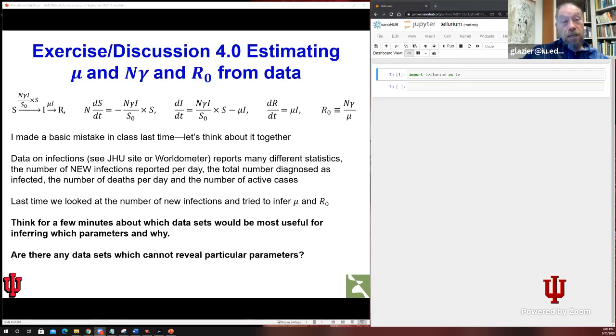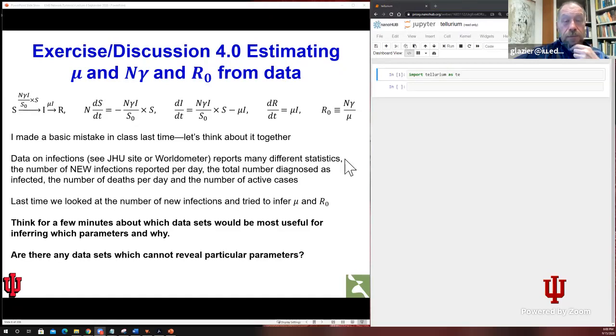But the elementary mistake I made was a different one. And I want you to think about for a minute, if I want to estimate the recovery rate, mu, and the infection rate, R naught, or beta, if you prefer, what time series parameters would be the most useful for it? So I'd like you to look at those data sets, see which ones are available, and then take maybe 2 or 3 minutes to think about it.